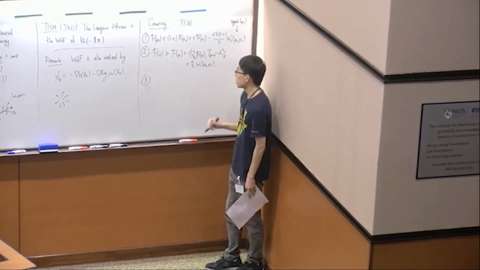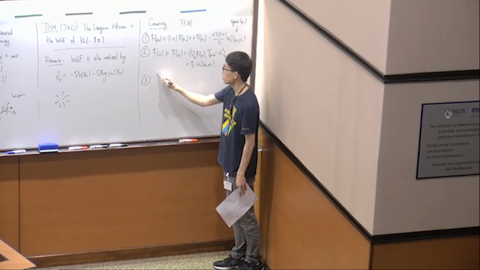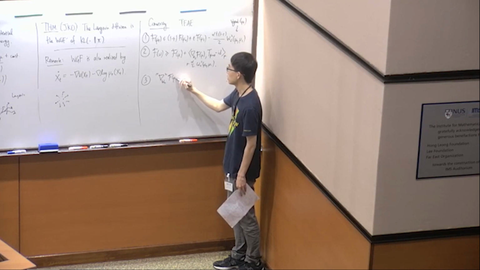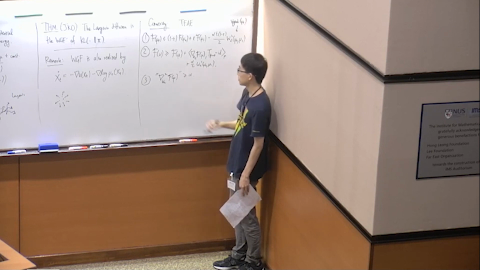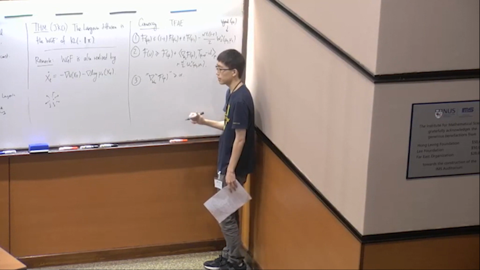And the third condition is the second order characterization of convexity. So I'll start by putting this in quotation marks: I want the Wasserstein Hessian of F at mu to be bigger than alpha. But then, what does it mean to talk about the Wasserstein Hessian?